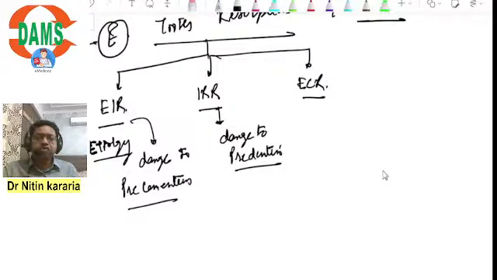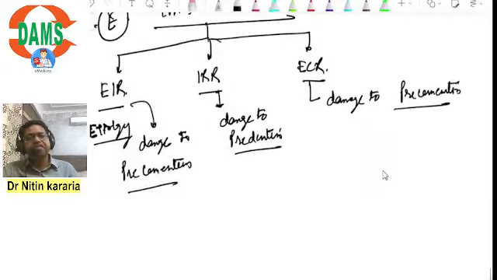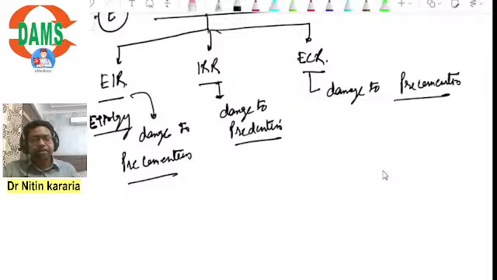Pre-cementum is the outermost non-mineralized layer which covers the cementum. Predentine is the innermost non-mineralized layer which covers the dentine. In ECR also there is damage to pre-cementum, because external damage to the pre-cementum, internal damage to predentine.